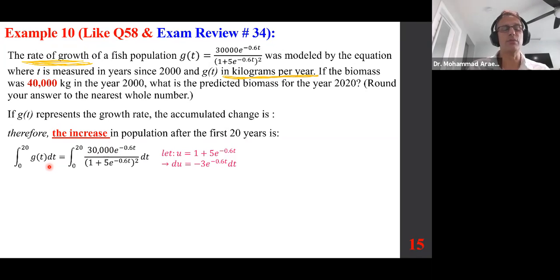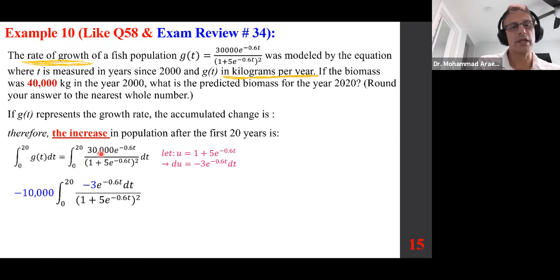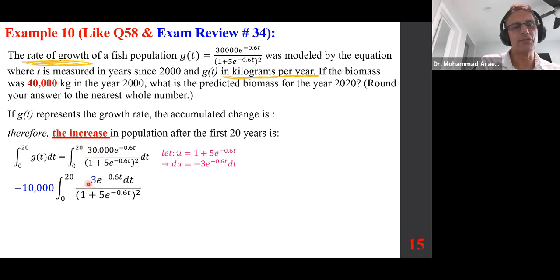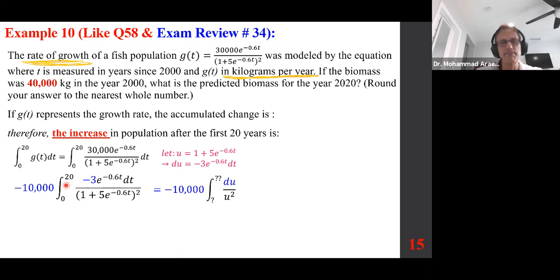You can take the 30,000 out and put a -3 and divide by -3. Either way is fine as long as you recognize this is really just a number that we can create by multiplying and dividing. So if you put -3 up here, 30,000 divided by -3 gives you -10,000. So what we are looking at is -10,000 du over u and new limits.